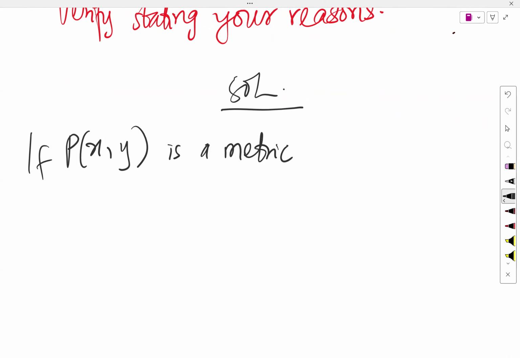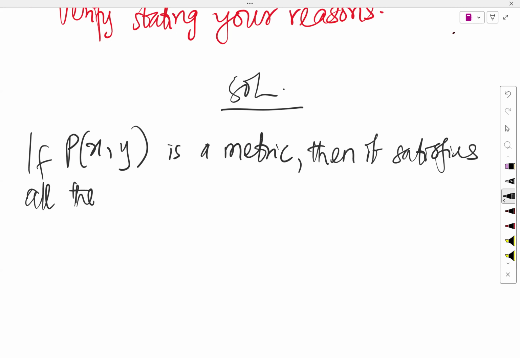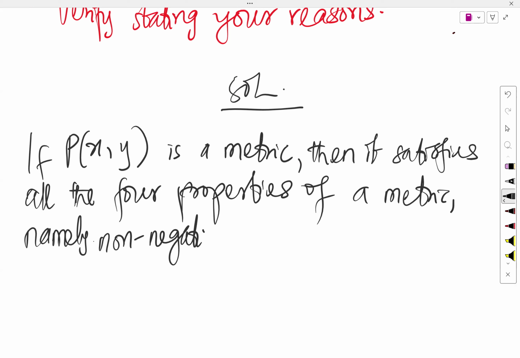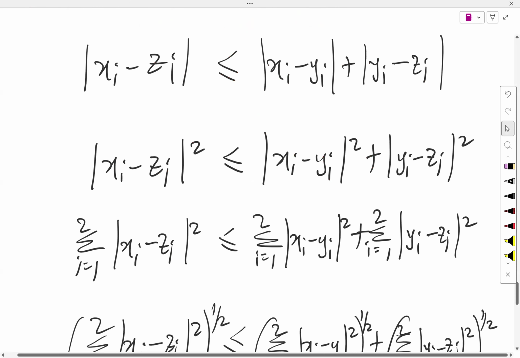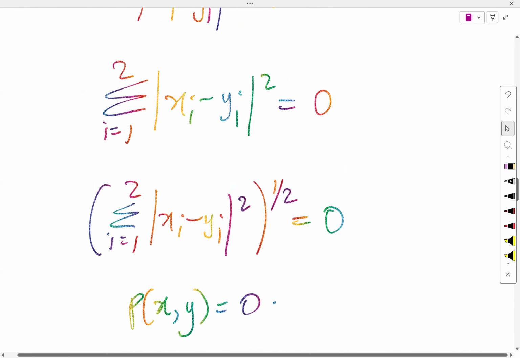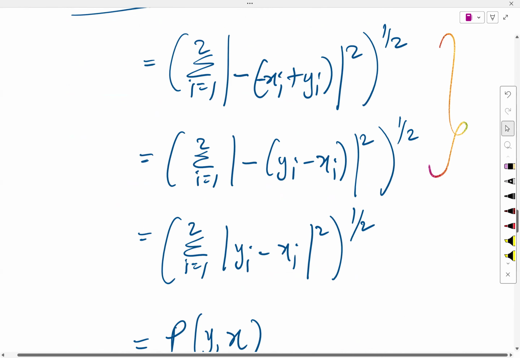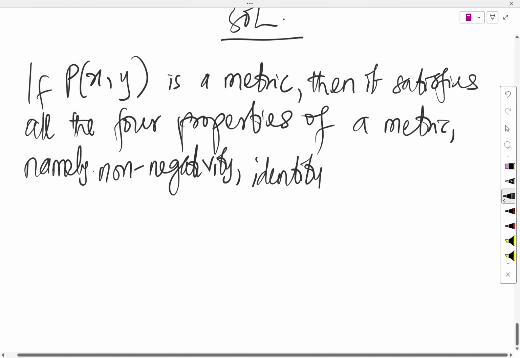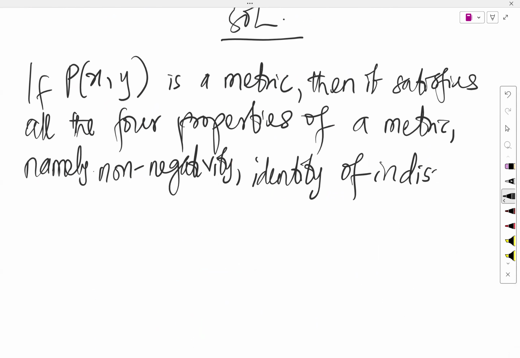So if P of X comma Y is a metric, then it satisfies all the four properties of a metric, namely non-negativity, identity of indiscernibles.